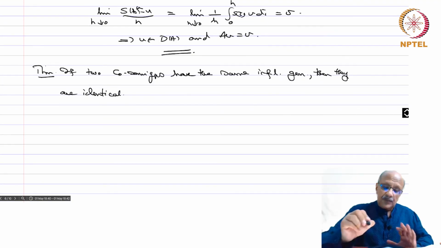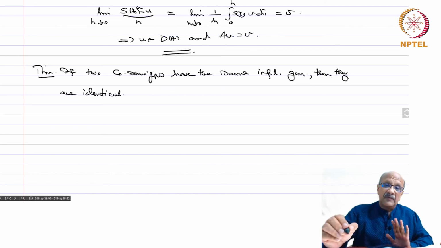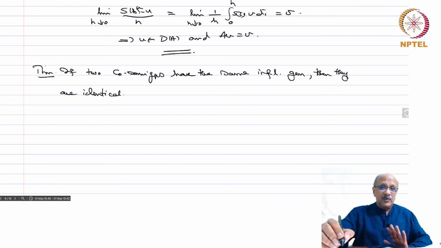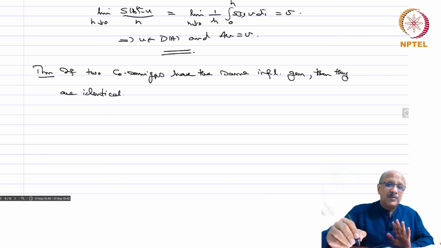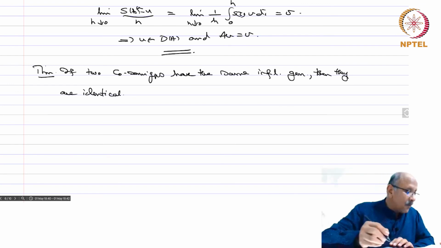So, the infinitesimal generator to C0 semigroup is a one-to-one correspondence. Given a C0 semigroup, you have an infinitesimal generator, and if you have an unbounded operator which qualifies to be an infinitesimal generator for a C0 semigroup, then there is only one C0 semigroup which it can generate. It can't generate more than one.